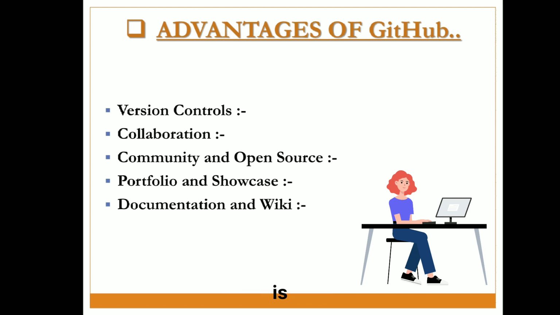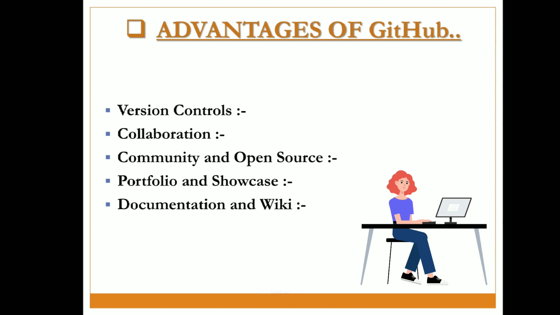Second is collaboration. It facilitates collaboration among developers by providing tools for code review, issue tracking and project management. The third one is community and open source. GitHub hosts millions of open source projects, making a rich community for developers to learn, share and collaborate on projects across various domains.